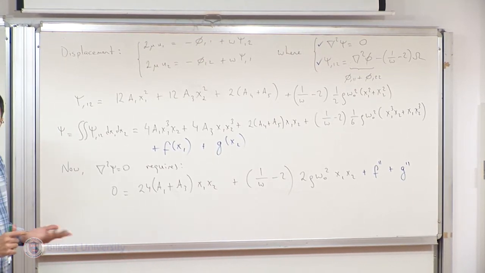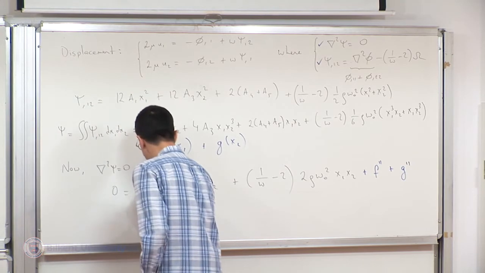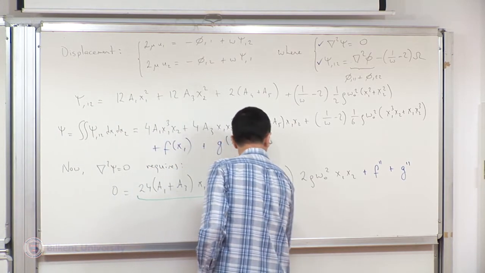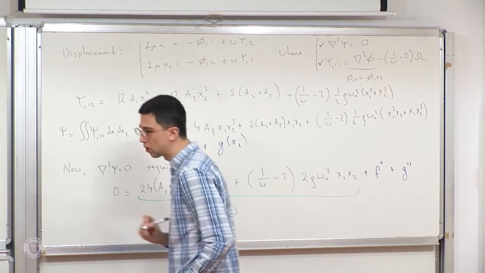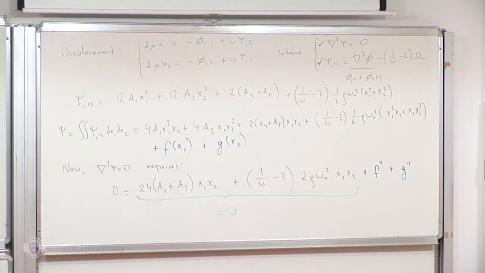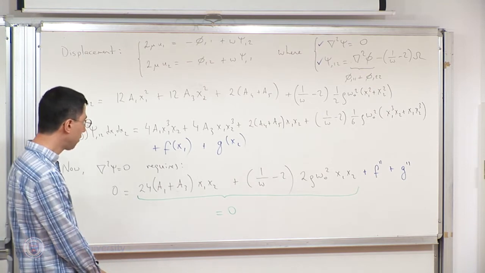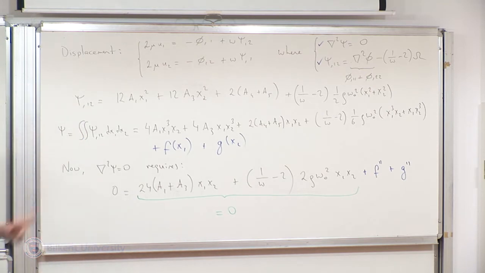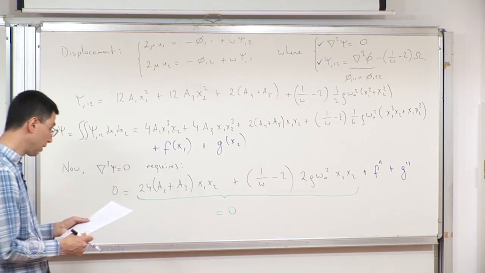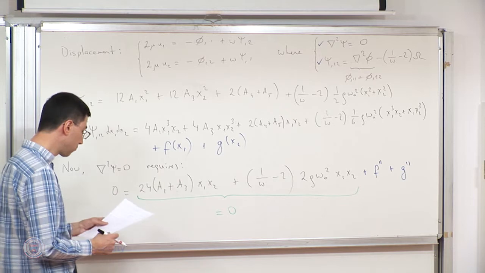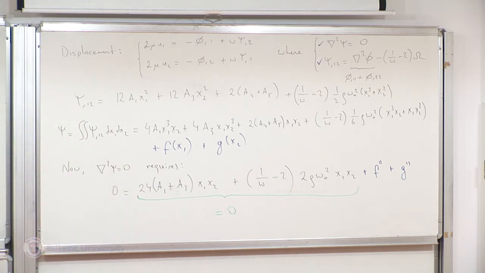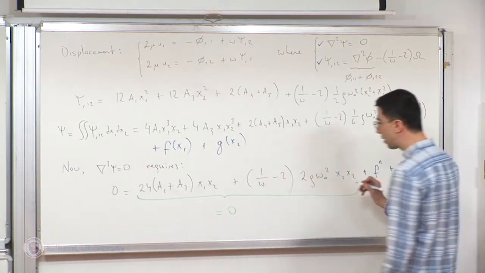Now, I'd like you to go ahead and verify by yourself at home. This term identically vanishes. There's nothing I need to do. We have the values for a1 and a3, the coefficients. They are functions of x1 and x2. So if you go ahead and do that substitution, you will see that that term is equal to 0. So we only have to satisfy f double prime plus g double prime equals 0.